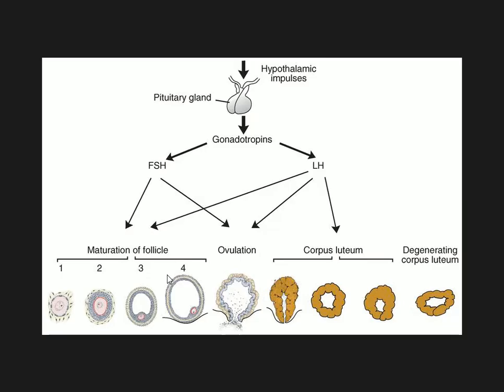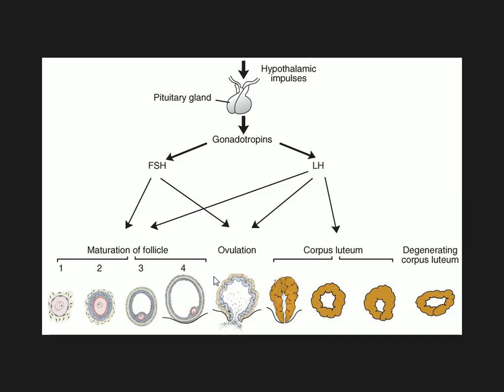we have growth of the follicles. In each cycle, around 15 to 20 primordial follicles start growing. But during the time, under normal conditions, only one of these follicles reaches full maturity, and only one oocyte is discharged.